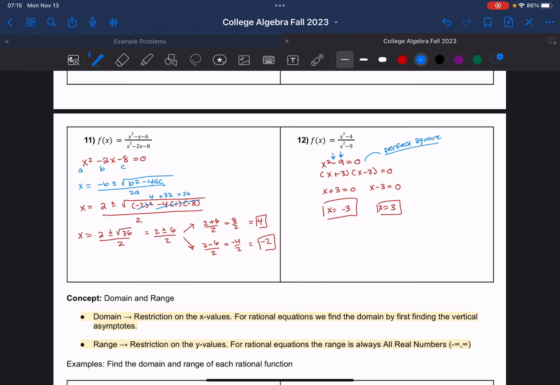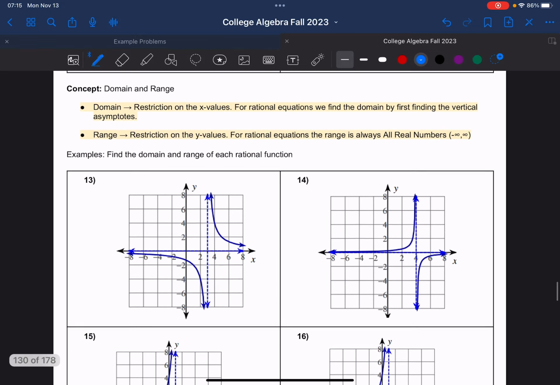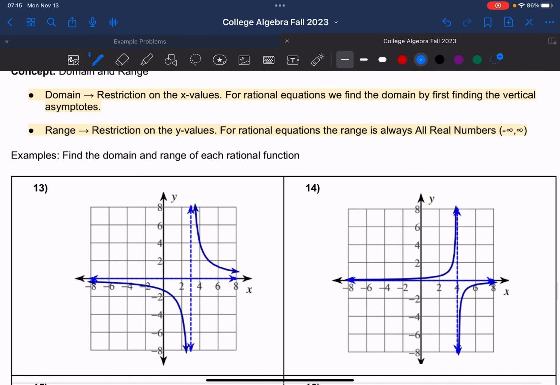Okay, so now that we learned how to find those vertical asymptotes mathematically and on a graph, we're going to use that in order to find the domain and range. So the domain uses those vertical asymptotes to find the restrictions on x.